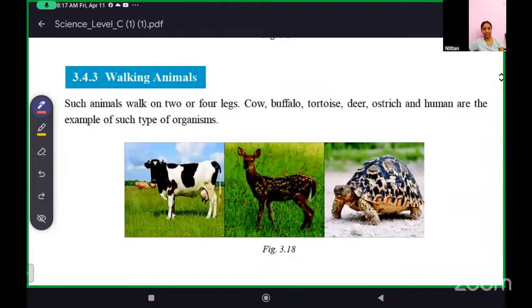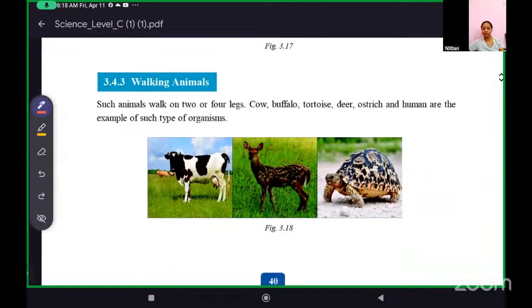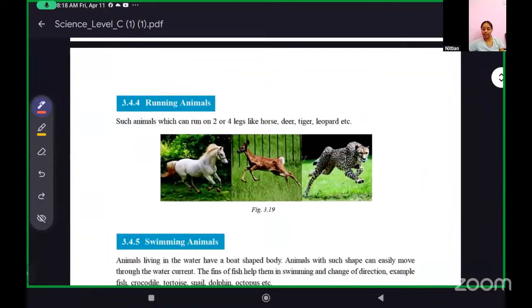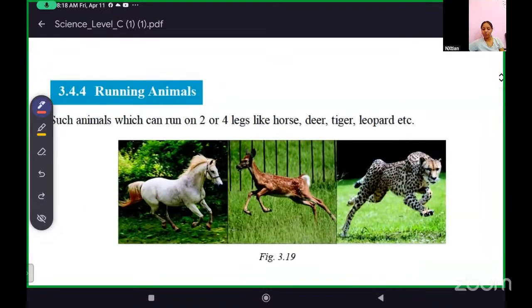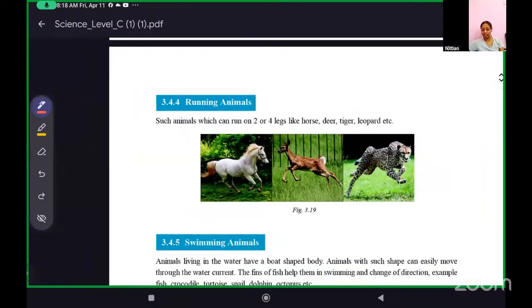Okay, kangaroos also. 4 legs are all the other animals such as deer, cows, buffaloes, tortoise. Okay, ostrich 2 legs. Okay, and then we have running animals, who run. Animals that can run, 2 or 4 legs, like horse, deer, tiger, and leopard.